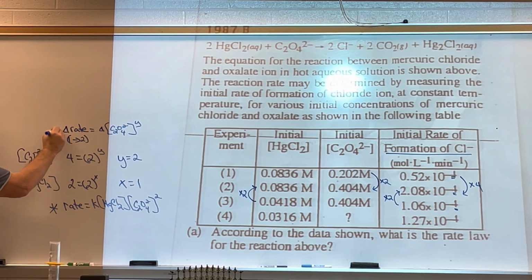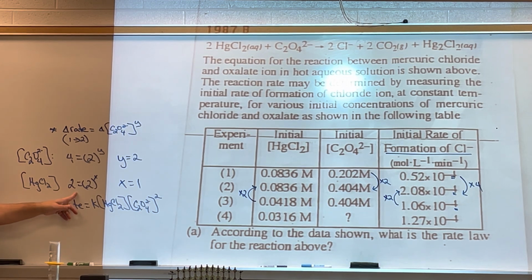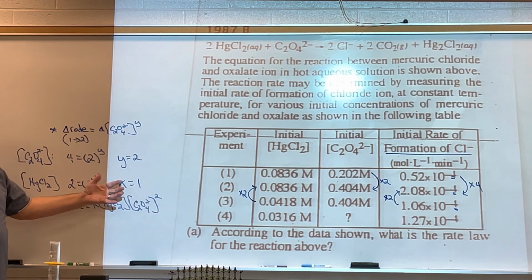I would just make sure you're explaining what you're doing there. Still not a tremendous amount of work, so you just do this, tell what experiments you're comparing. I would do the exact same thing on this one: change in rate between 3 to 2 is equal to the change in concentration of the HgCl2 to some power x.